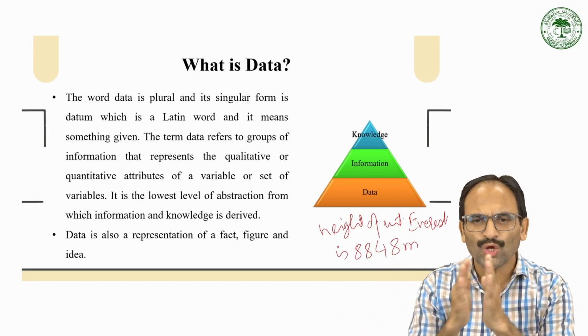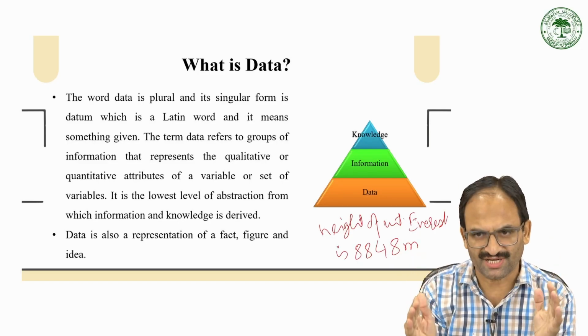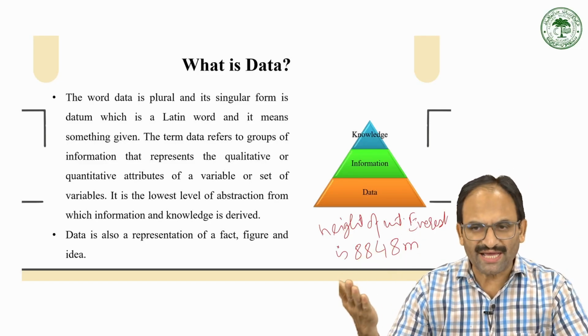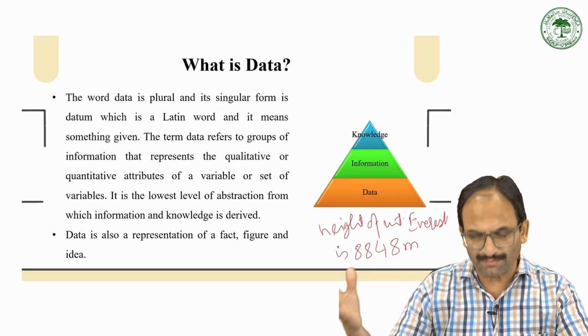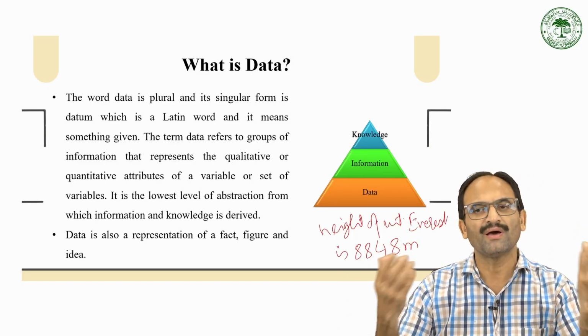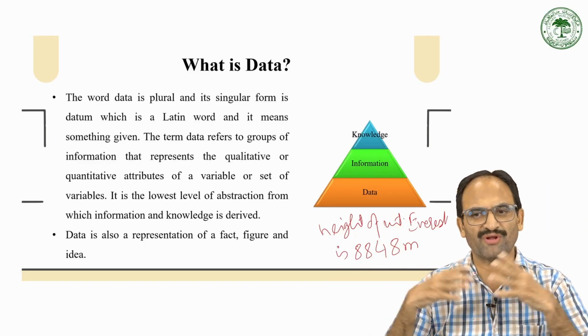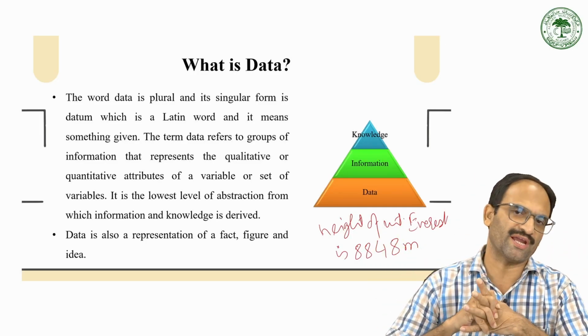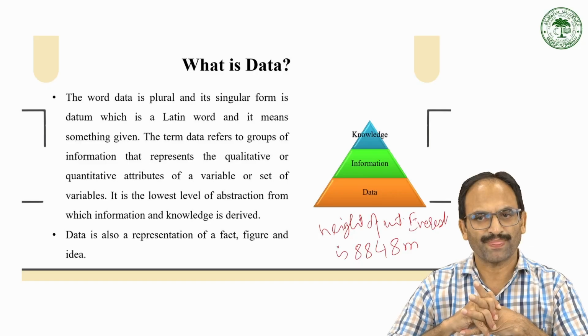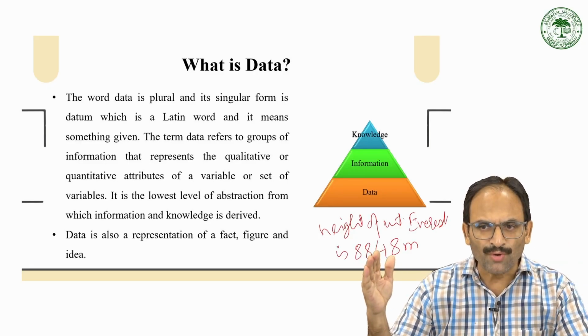So this is the lowest level of abstraction. From somewhere I came to know about this thing, or I have gone through some books, or I was viewing some internet resources, and from that I have got that the height of the Mount Everest is 8848 meters. So it is data.